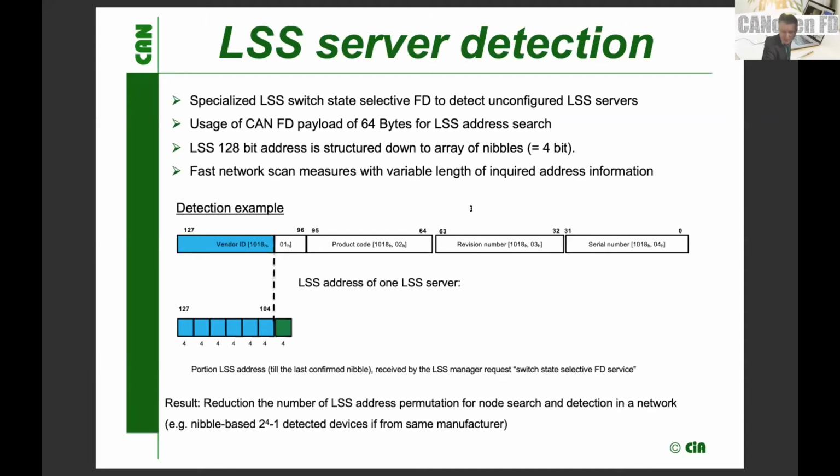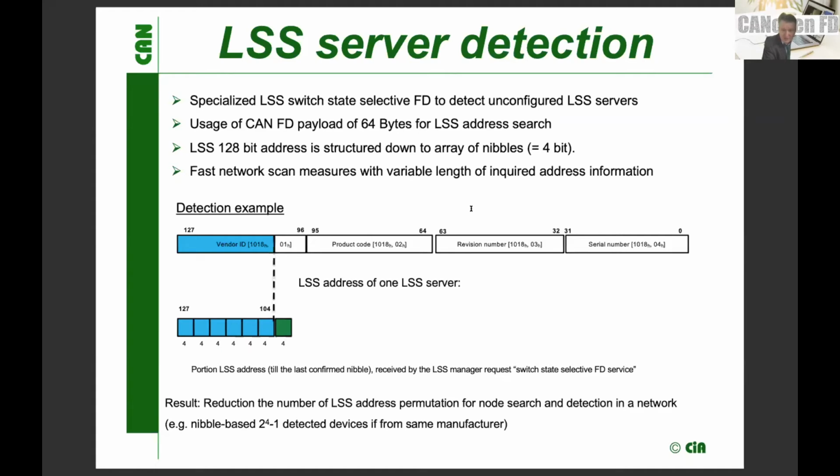Probably they come from the same manufacturer, and they contact the device acquiring this. This is the LSS manager who does this. The other LSS servers provide information: yes, I do have this piece of address, this piece of vendor ID.